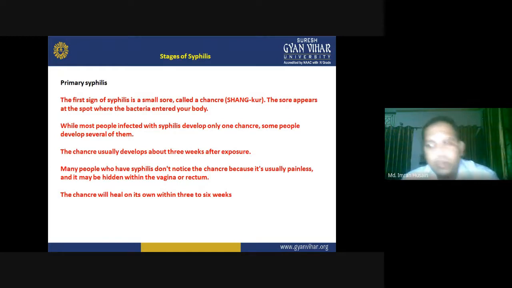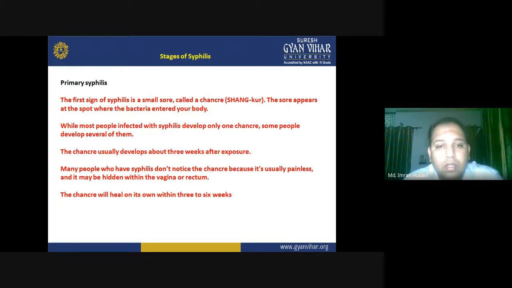Stages of syphilis. Primary syphilis. The first sign of syphilis is a small sore called a canker. The sores appear at a spot where the bacteria entered your body. While most people infected with syphilis develop only one canker, some people develop several of them.